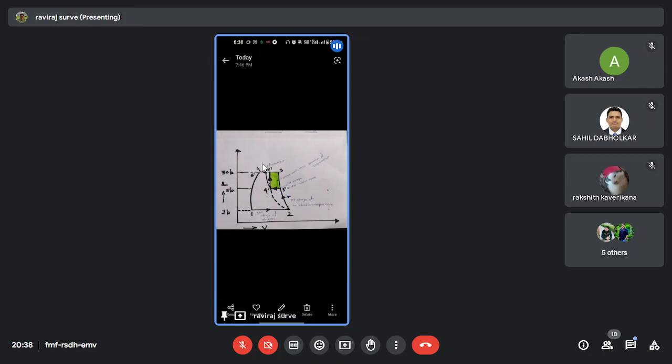But you can see here the green area, which is the work done that we save in two stage compression compared to single stage compression.